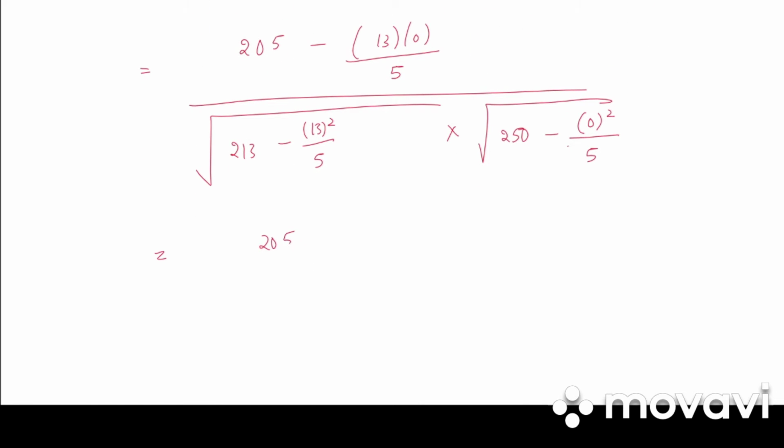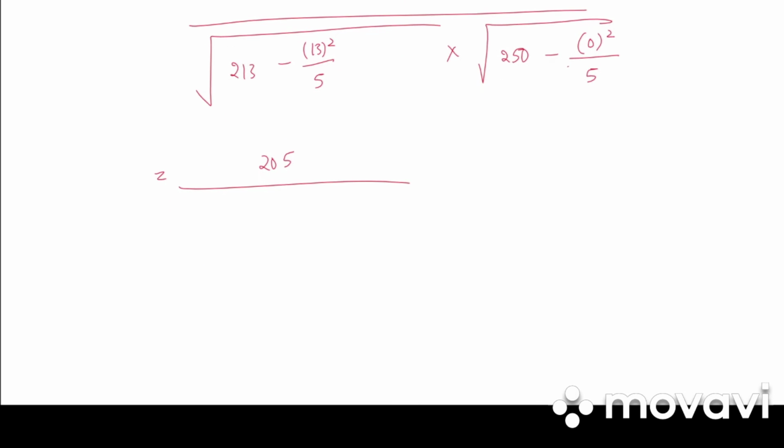So it is 205. 13 into 0 is 0, so nothing will remain. Divide by square root of 213 minus 13 13s is 169 divided by 5, into square root of 250 minus 0.